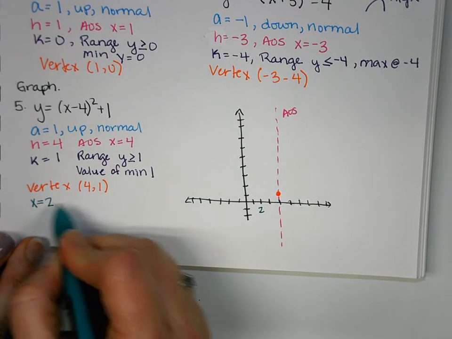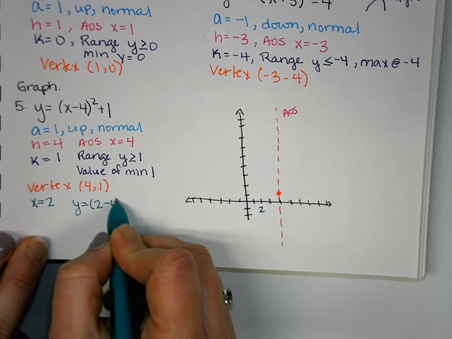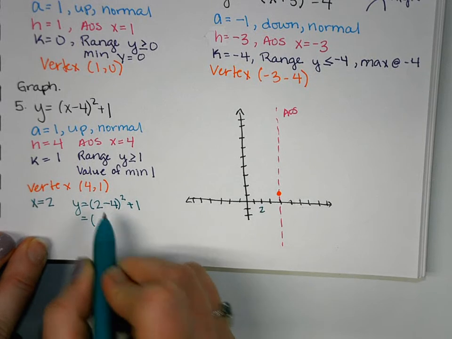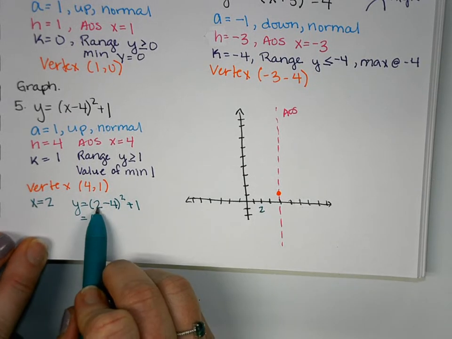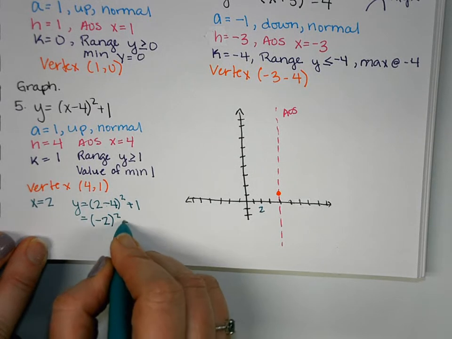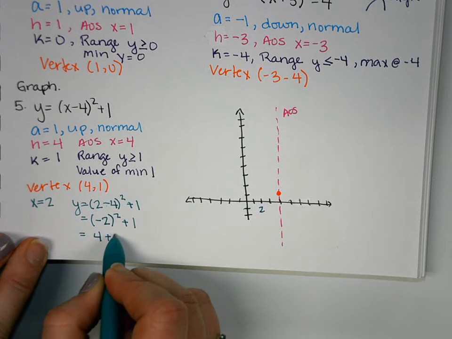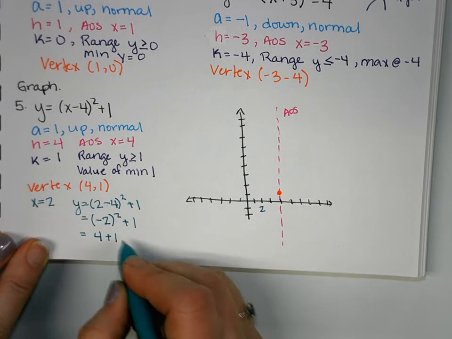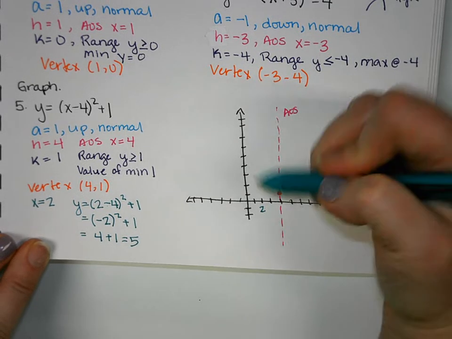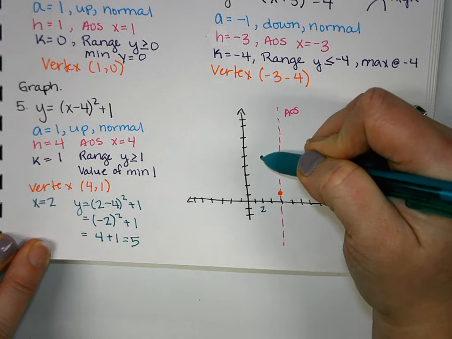So I'll have y equals (2 minus 4) squared plus 1. Now order of operations: parentheses, 2 minus 4 is negative 2. Exponents, negative 2 squared is 4. We don't have any multiply or divide, so we go ahead and add and get 5. So that means when x is 2, y is going to be 5.